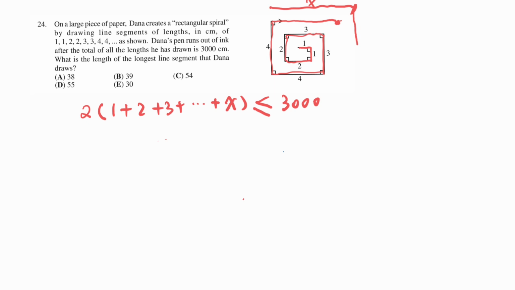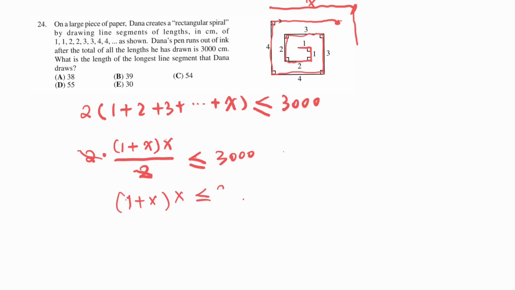So we use less than or equal to. This is an arithmetic sequence, so we use the formula: first number plus last number, times the number of numbers, divided by 2, less than or equal to 3,000. Cancel the 2, which gives us (1 plus x) times x less than or equal to 3,000.